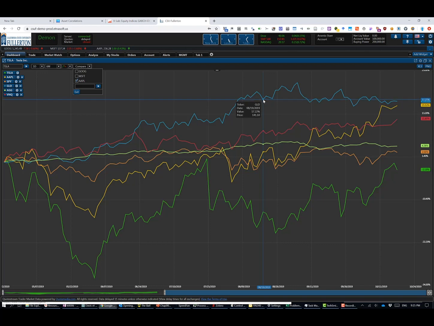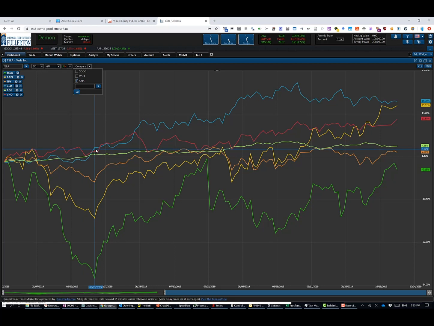But again, we have to look at the data. It all depends on what the data tells us. But if you look at this particular period when the stock market dipped, it's pretty clear that throughout the period, gold, bonds, and real estate were not affected by the drop in the stock market.